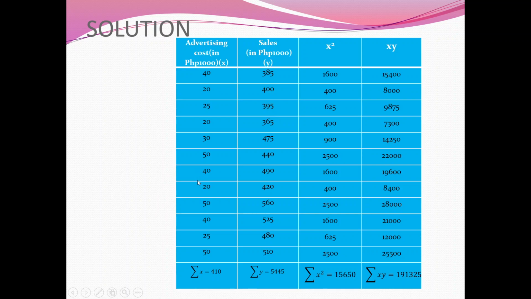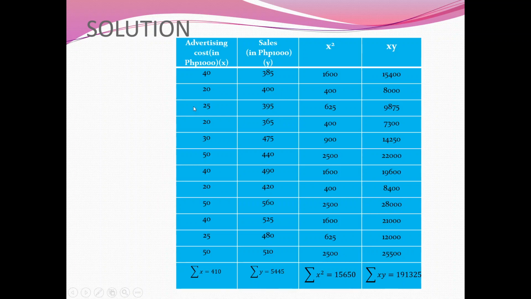As for the solution, we have to create a tabular solution wherein the first column is the advertising cost and the second column is the sales in 1,000 pesos. And of course, since we need to find the square of the x and the product of the xy to find the slope b and the y-intercept a in finding the linear regression equation.